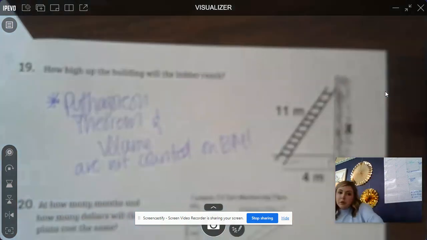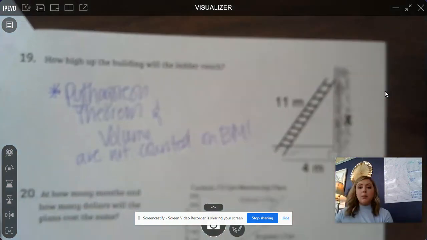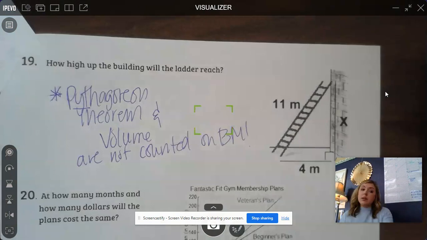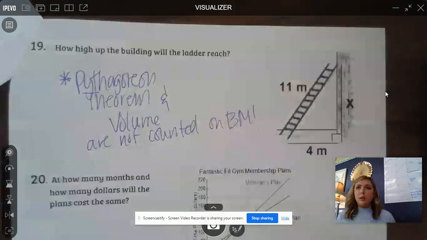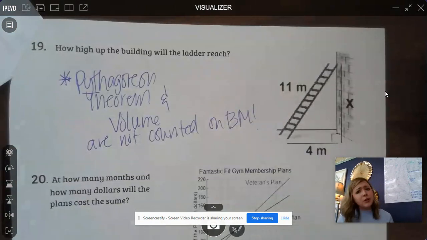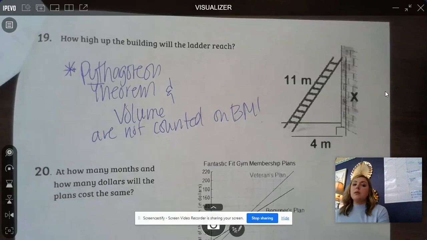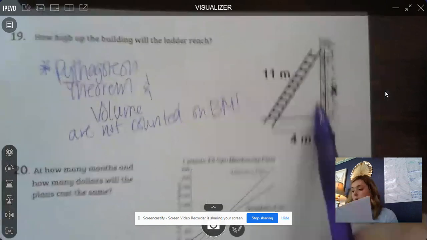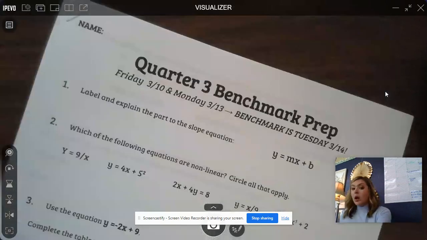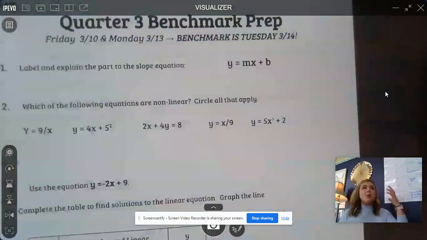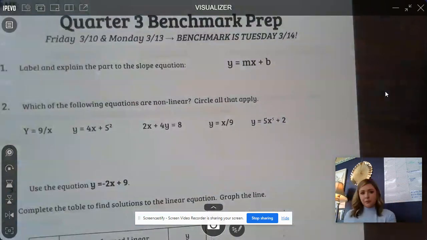So you're welcome to try this problem on your own. Honestly, no reason to do that to yourself. After you have this, everyone is going to number 1, and we are going to label those parts of the equation. Pythagorean theorem and volume are not counted on benchmark. This is a Pythagorean theorem question. We are not counting them because we're going to teach them the week after benchmark.